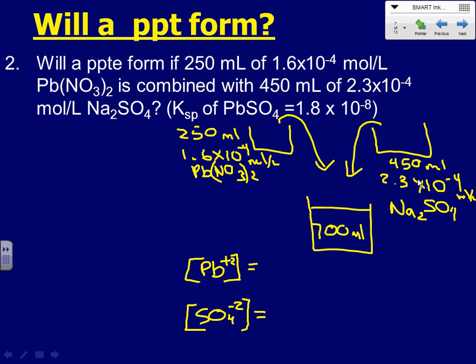So here's the easy calculation. My original concentration, 1.6 times 10 to the negative 4 moles per liter.